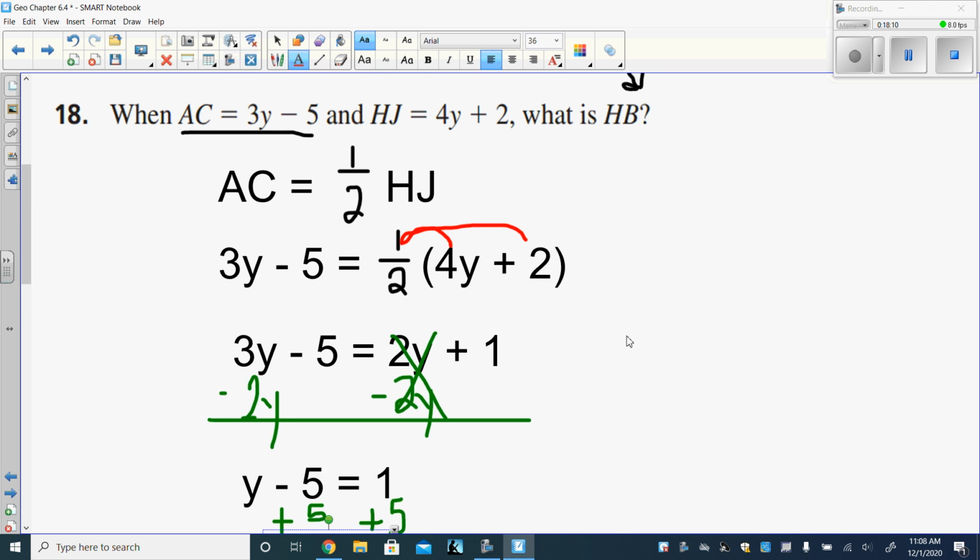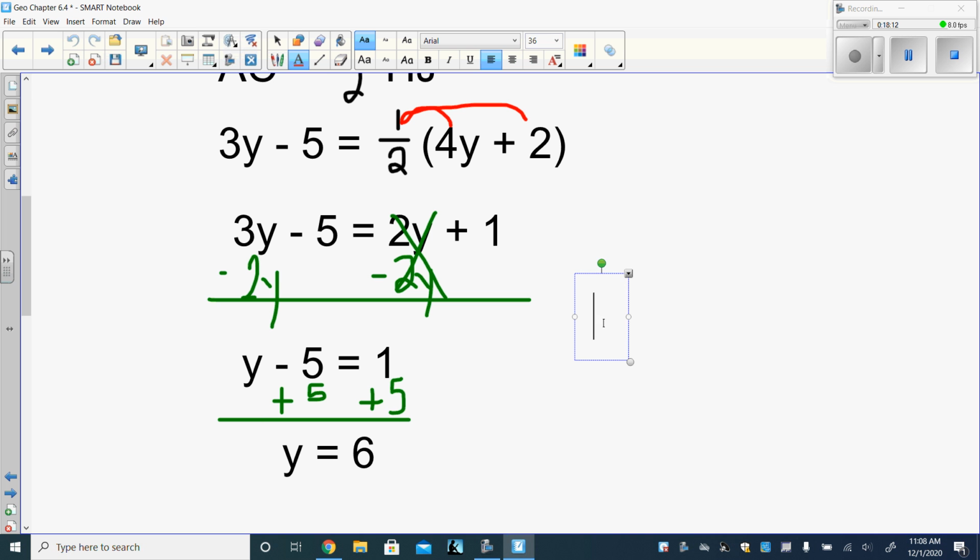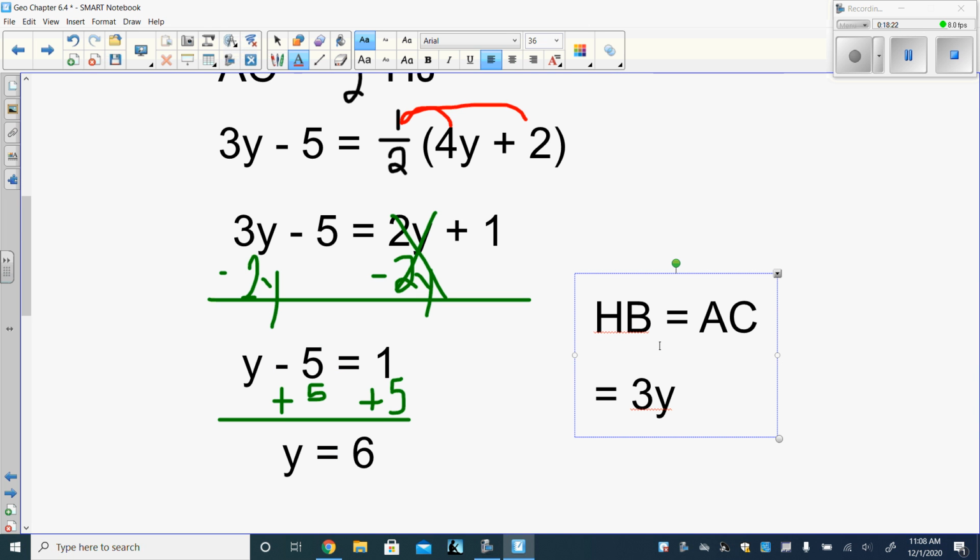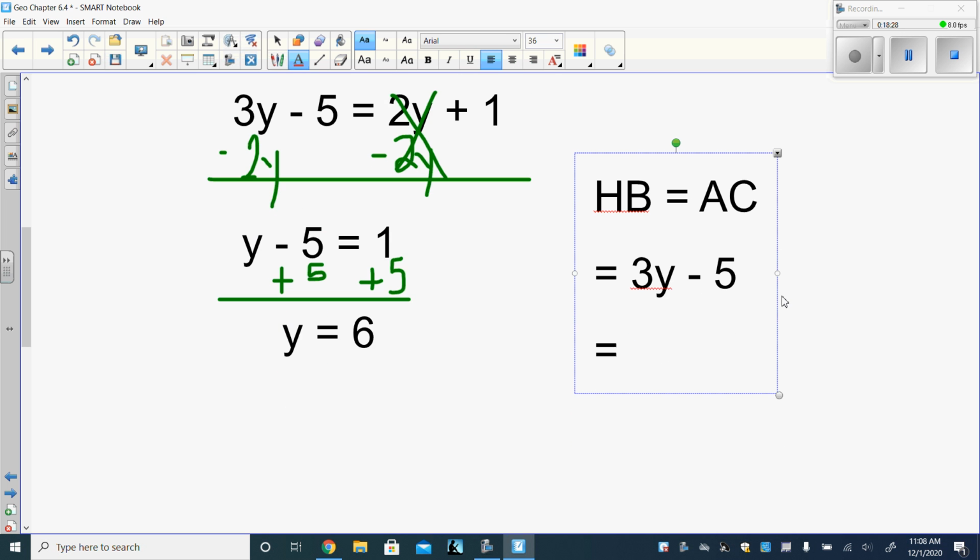Now I just need to find the length of HB. Well, I know that HB is equal to AC. HB and AC are going to be equal. And I know AC is 3y minus 5. So I just need to plug in the value of y and solve to find the length of HB.